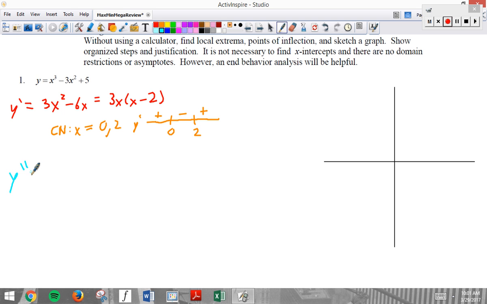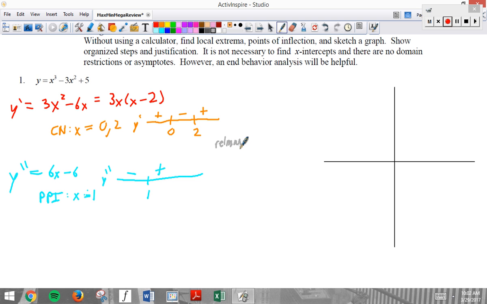y double prime, 6x minus 6. A possible point of inflection is x equals 1. y double prime at 1, and actually it's going to be negative to positive. Okay. Now, so okay, so ask me for relative max.